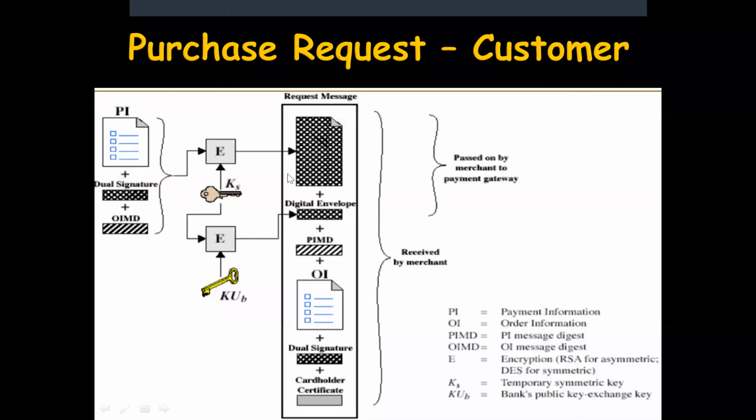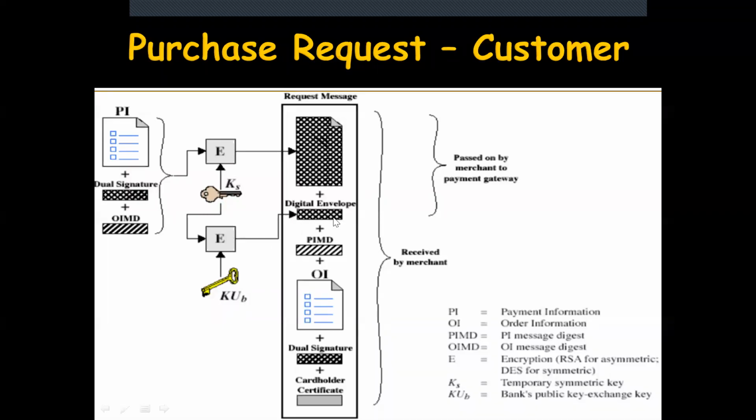What does the bank do? The bank is going to decrypt this message. How? It requires a private key. This private key resides here, but it is encrypted with the public key of the bank.